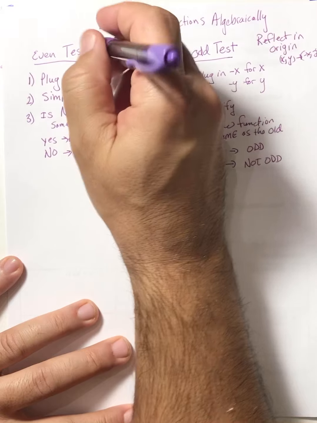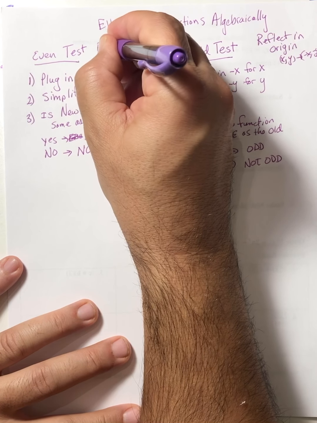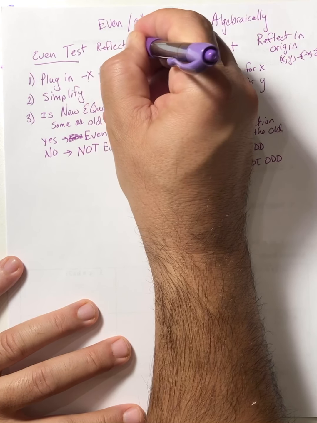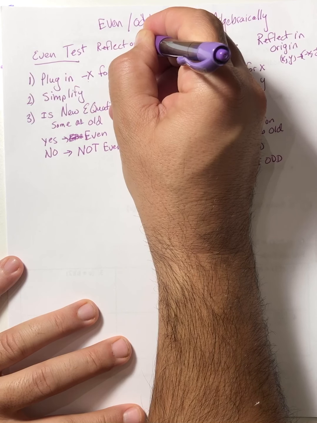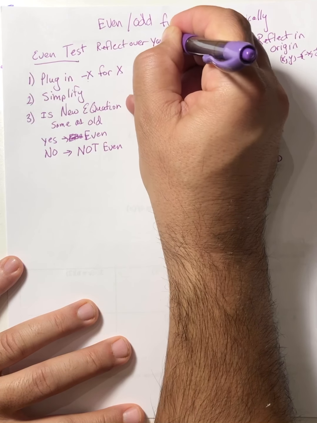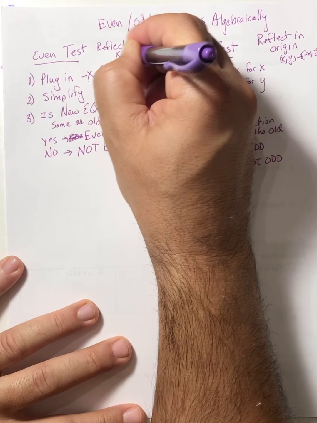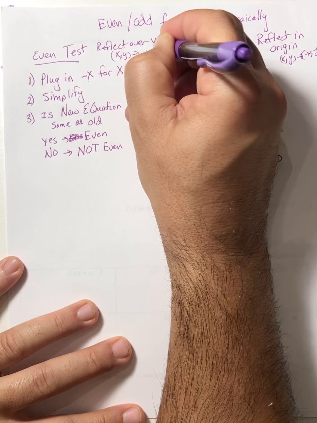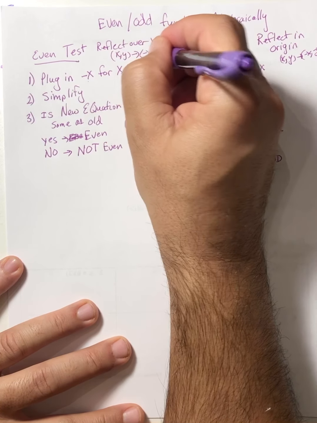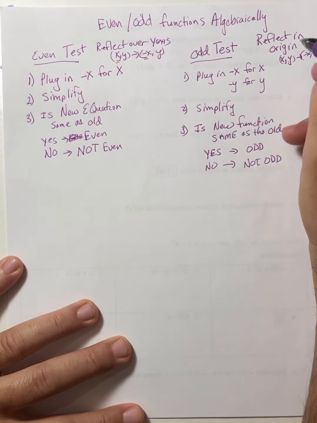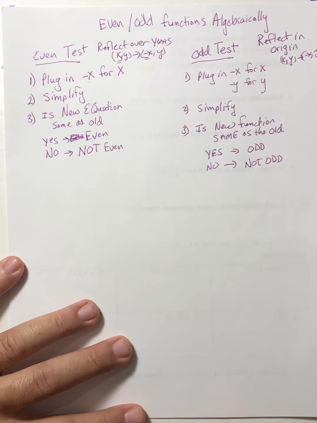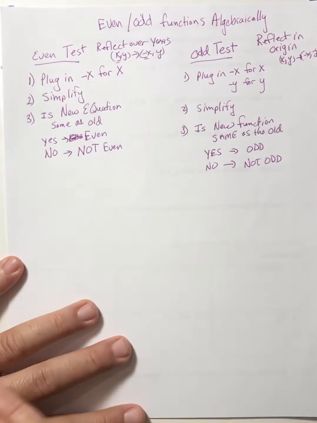And then an even function is a reflection over the y-axis, so x, y becomes negative x, y. That's why we replace those x's and why we replace both. Okay? Let's look at an example.